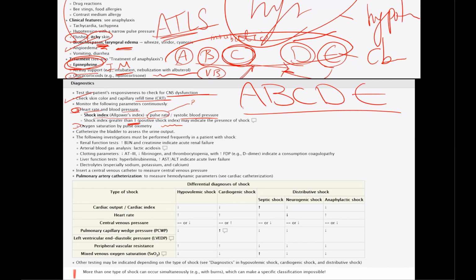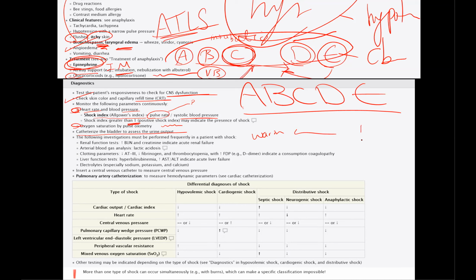Check oxygen saturation by pulse oximetry, then, as we said, two wide bore cannulas, catheterize the bladder to measure urine output, and start IV fluids, warm crystalloids.